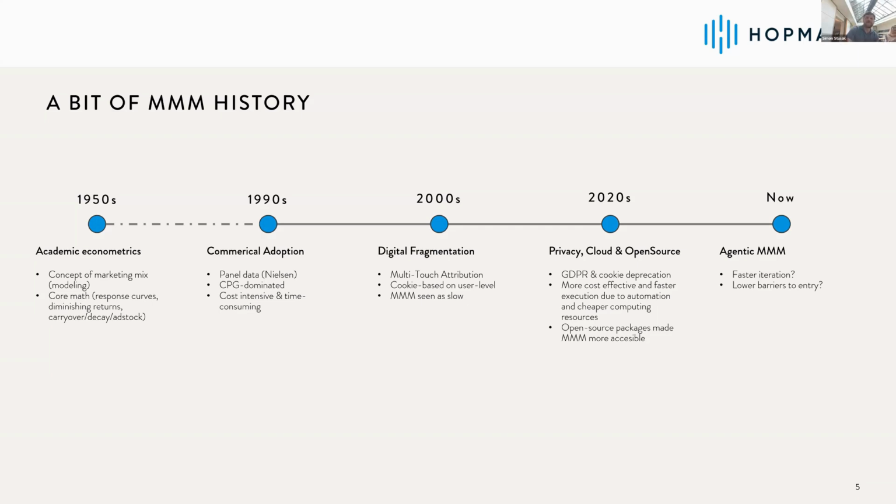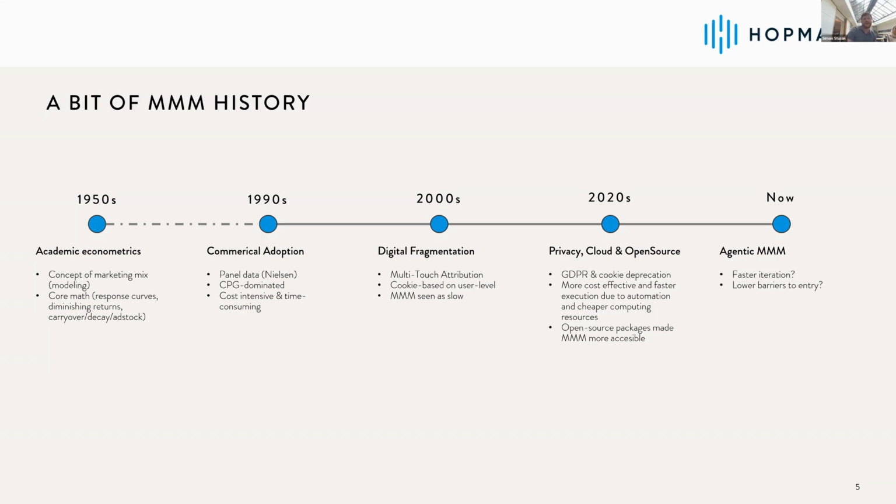Then MMM got a bit less popular around 2000 because there was digital fragmentation, and multi-touch attribution became popular. We can actually track via cookies on a user level and do multi-touch attribution, collect the user journey, and figure out which campaigns or which creatives actually worked or not.